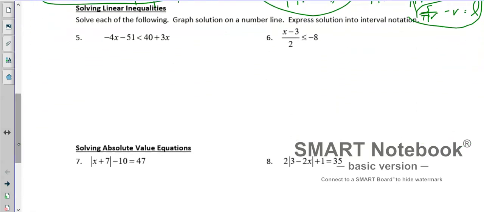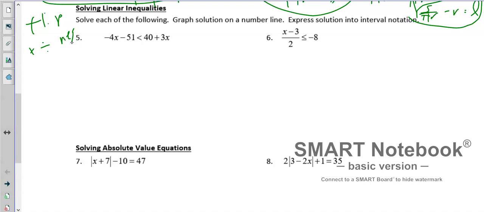All right, number 3. Sorry, 5. Linear inequalities. Now remember, when we're getting into inequalities, this is when you have to be careful about flipping. Anytime you multiply or divide by a negative. Okay?